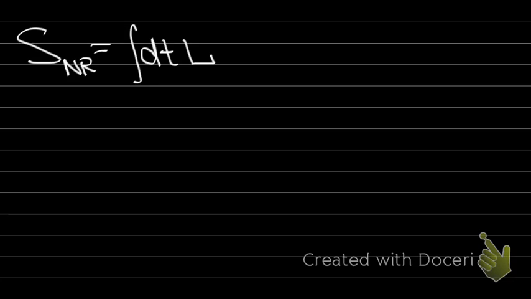We're talking about a free particle, so the Lagrangian for that particle is written as half m x dot squared, right? And this x is a function of time. This is actually half m v squared, your usual kinetic energy.